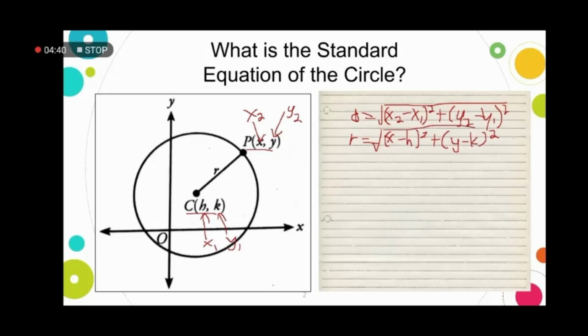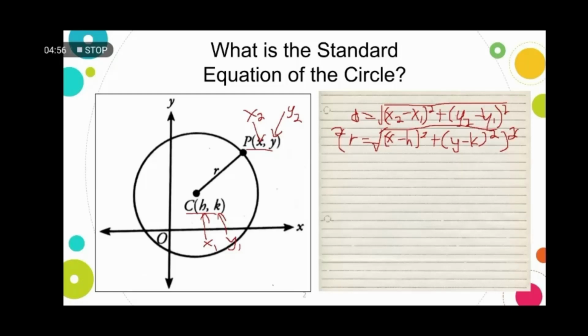To have a better look, we can square both sides. Therefore the radical sign will be cancelled and r will be squared.